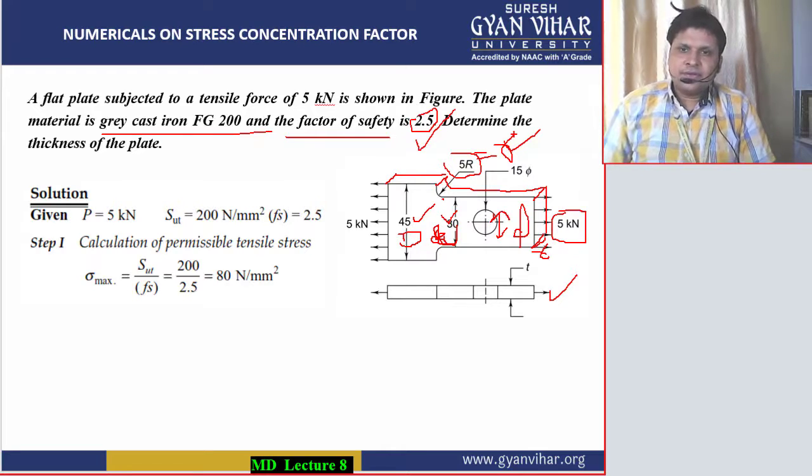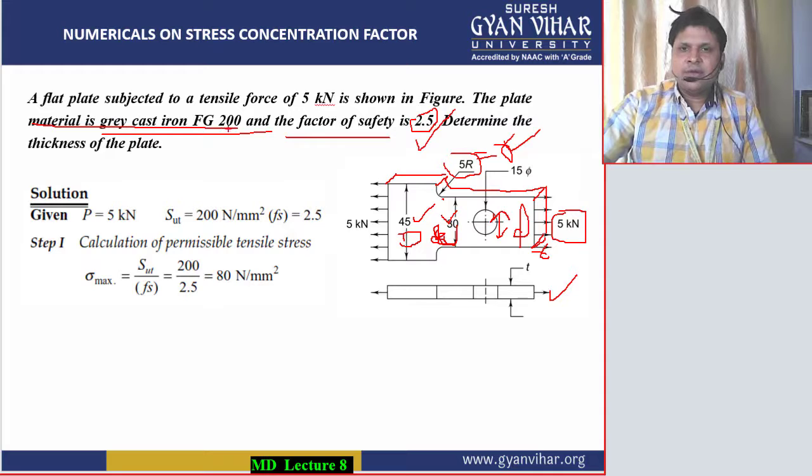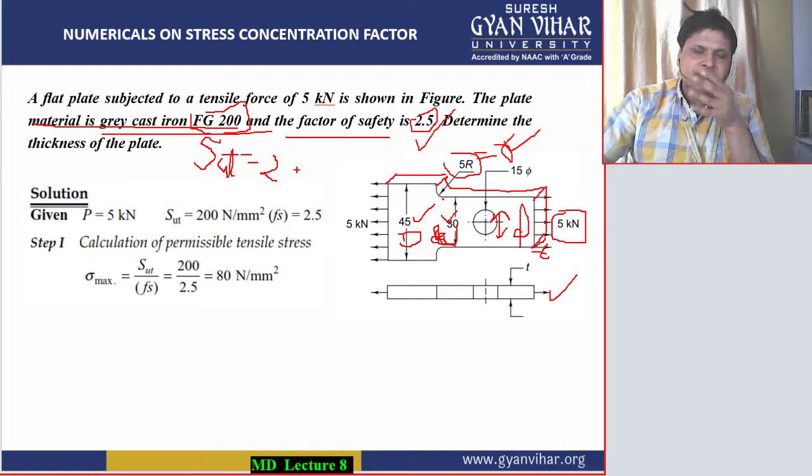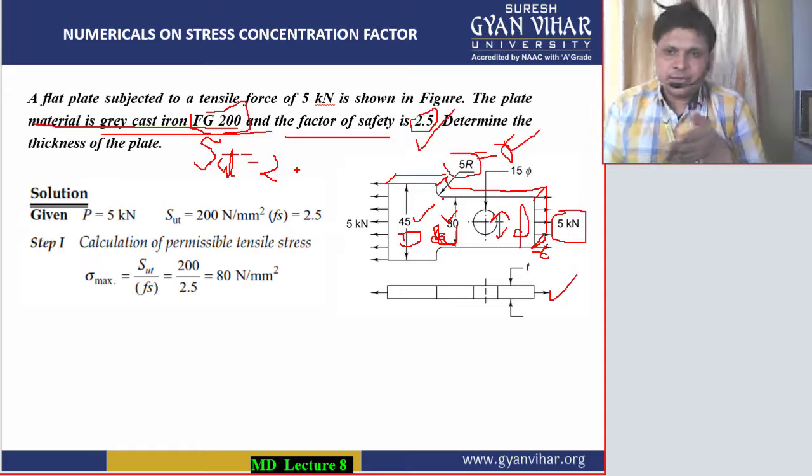From the question you can see that the material used is grey cast iron FG200. Whenever a material is written in this way, FG200, it itself means that the value of ultimate tensile strength is equal to 200 Newton per mm square.